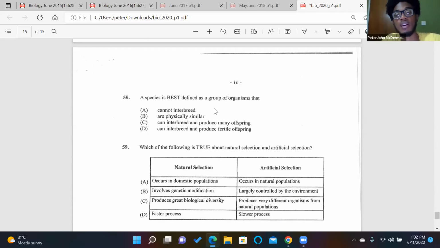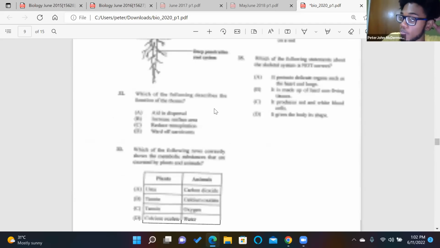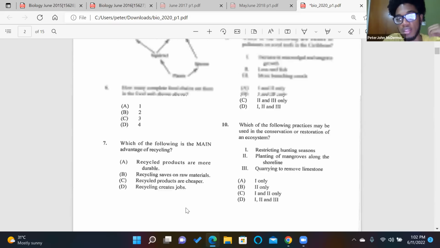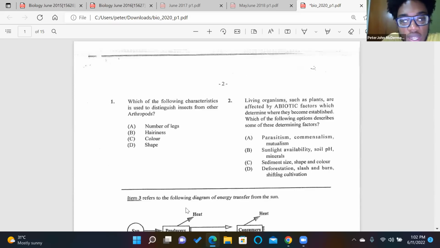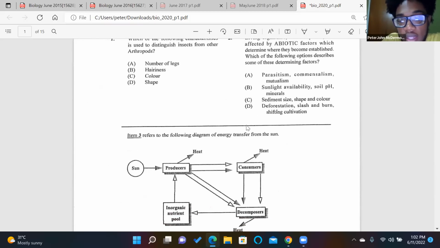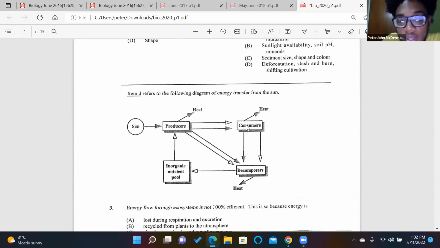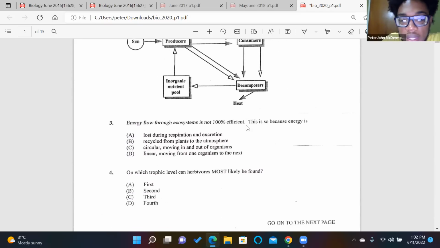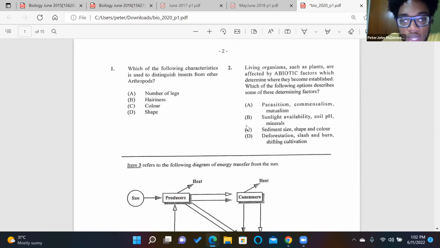So that's 60. That's 2 papers that we've covered, and I believe I've shown you guys how to answer these. When you're answering these, sometimes by the way they put the answer, you can tell that certain things are wrong or right. Looking at this question, number of legs, hair, and color shape are all non-specific.